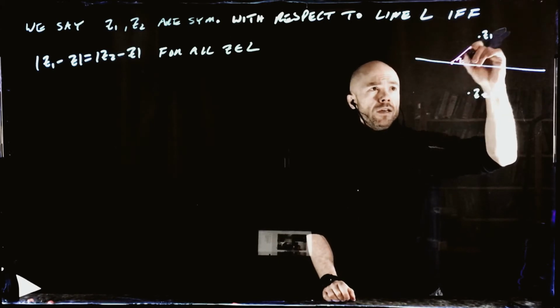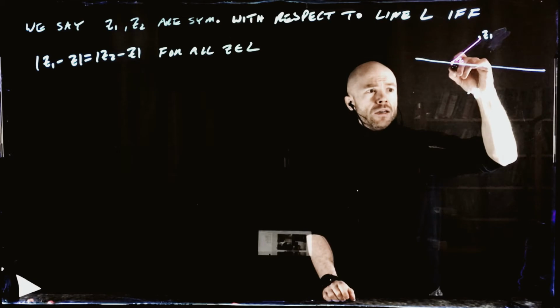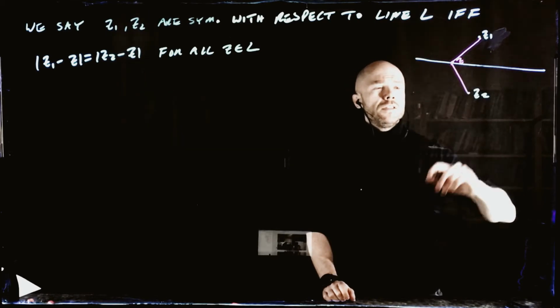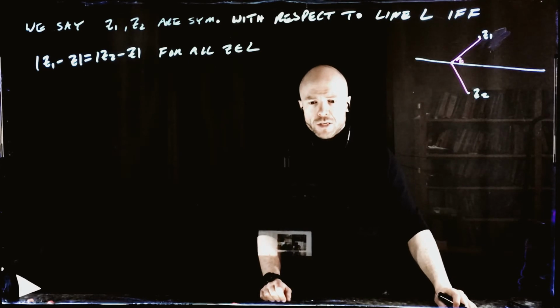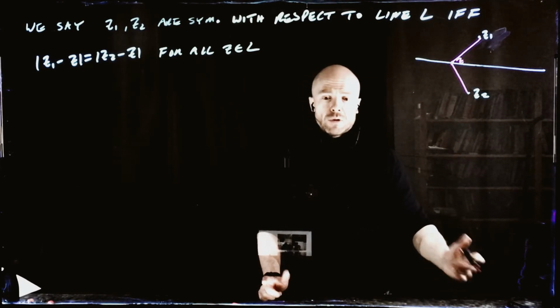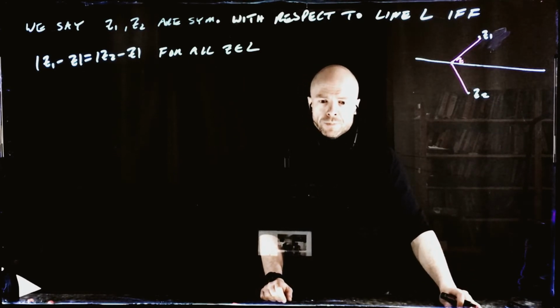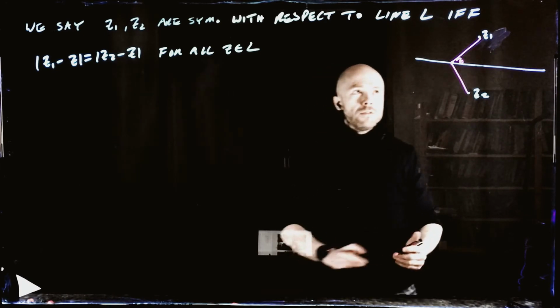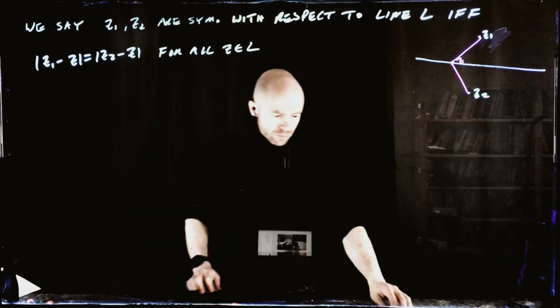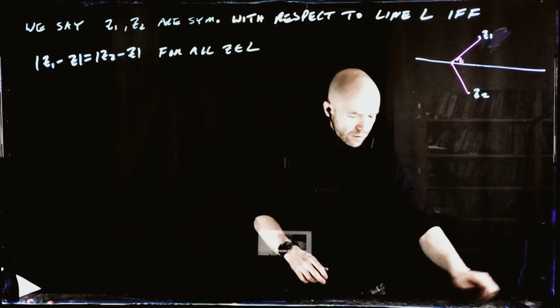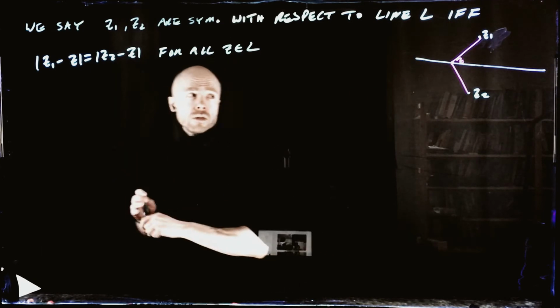So for any Z, consider the distance from Z to Z1 and Z to Z2. If those distances are the same for every possible choice of Z along the line, then Z1 and Z2 are symmetrical with respect to the line. That's a nice way to define symmetry. Okay, so that is with respect to a line.